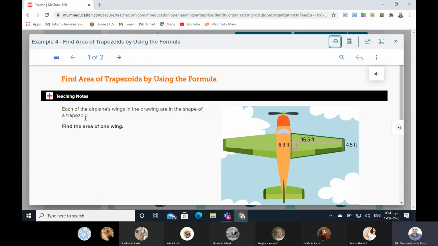As you see, each of the airplane's wings in the drawing is in the shape of a trapezoid. This wing is a trapezoid. I want you all to try to find the area of this trapezoid. Start, please.